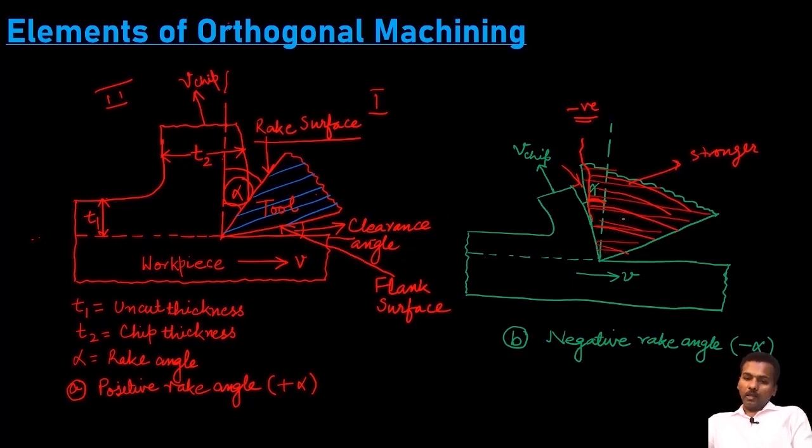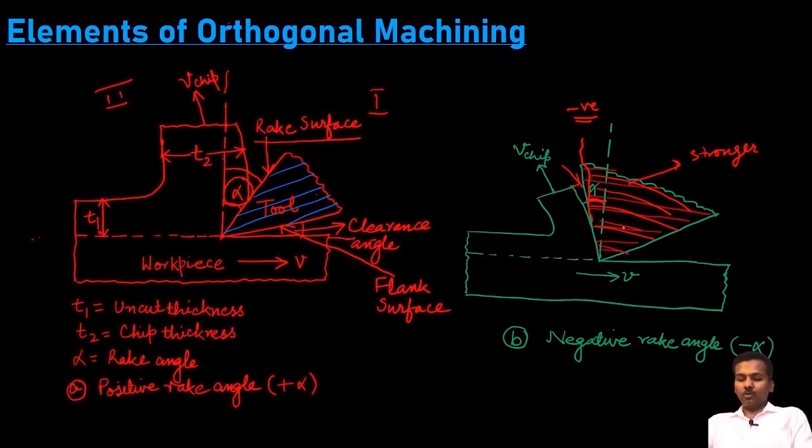So what happens if we are going to machine a high hardness material, suppose we are using carbide tools, some carbide tools, cast alloy, which are not more ductile or tougher?